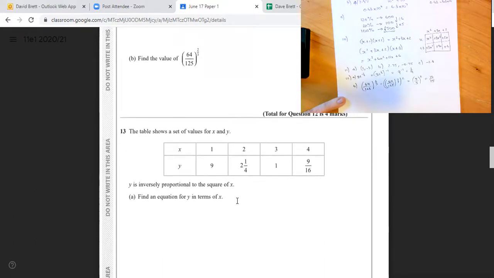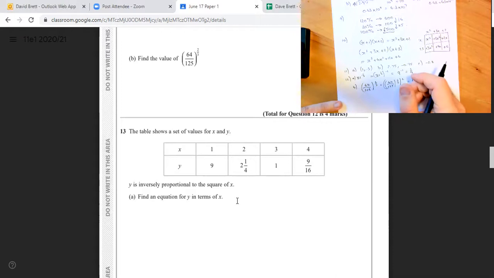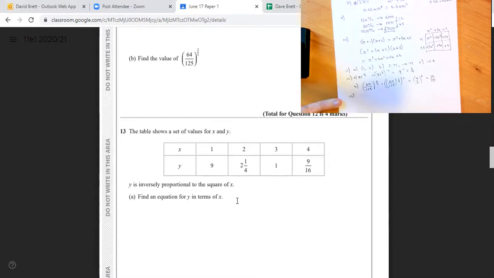The table shows a set of values for x and y. y is inversely proportional to the square of x. Find an equation for y in terms of x. So A, y is inversely proportional to 1 over x squared. So y is equal to some constant over x squared.